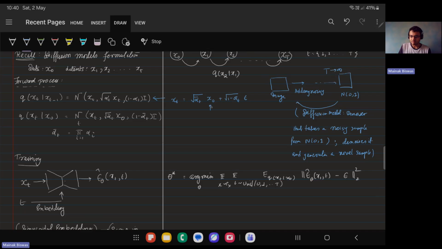So this is your image, this is your noisy image, and this is the noise from normal 0, 1. We say that we're going to add small amounts of noise. We'll scale the noise, because this is tending to 1. So the noise that will be added is going to be very, very small, but over infinite steps it would actually converge, as we have shown last time, to a normal 0-1 distribution.